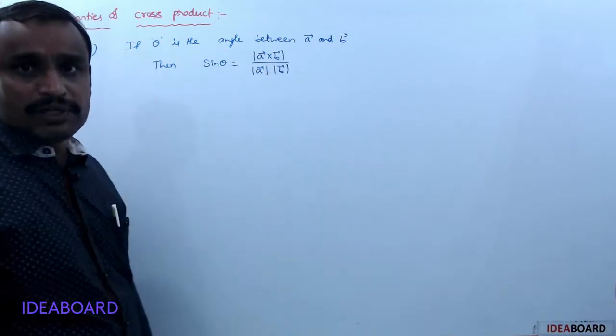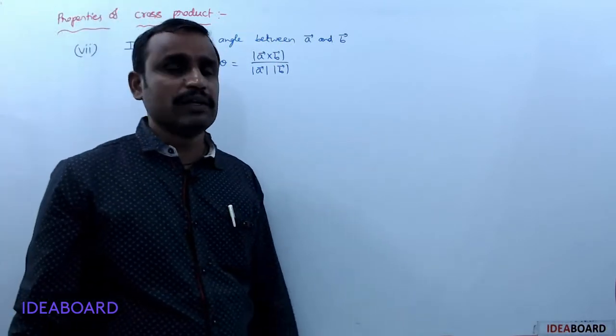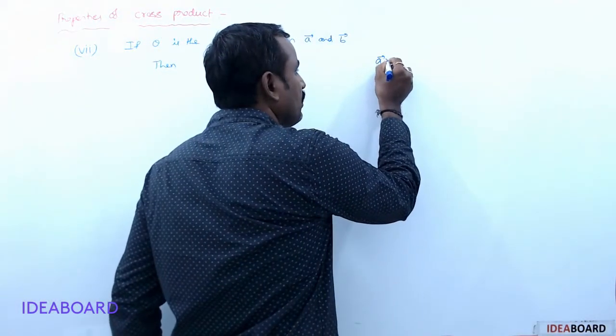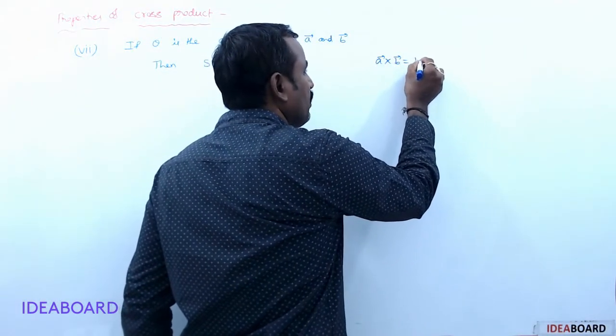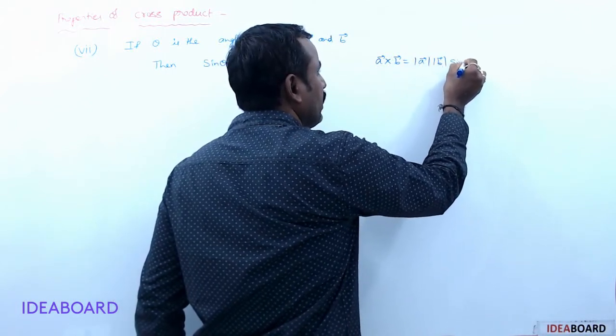How is it possible? We know the formula of A bar cross B bar, that is equal to magnitude of A bar into magnitude of B bar into sin theta into n cap.